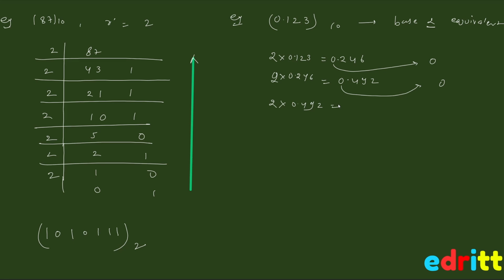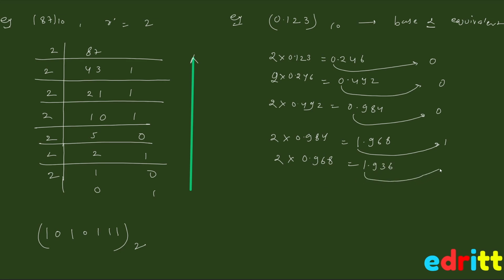When you do that, you will get 0.984. You put the 0 after the decimal point here, and then again use 0.984 and multiply it with 2. When you do that, you will get 1.968. Now this 1 is something you have to put over here, and then again you have to use this 0.968 multiplied by 2, which gives 1.936.